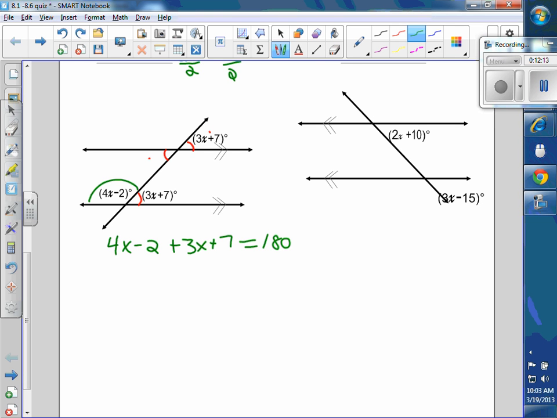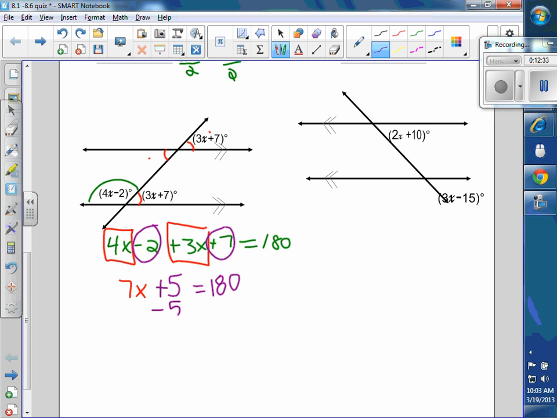No, plus 5. Well, let's think about that. 7x is correct because you take the sign in front. And then you're going to have a negative 2 and a positive 7, so that's a positive 5 equals 180. So subtract 5. 175.